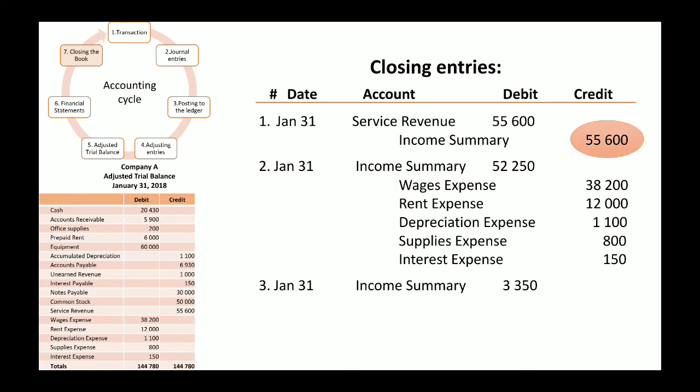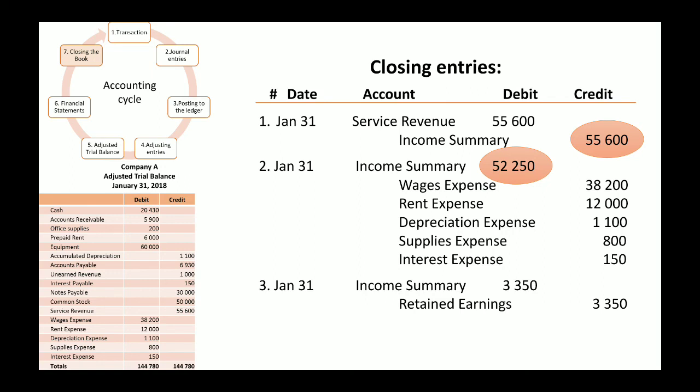In this case, 55,000 and 600 minus 52,250. It is 3,350. We close to retained earnings account.